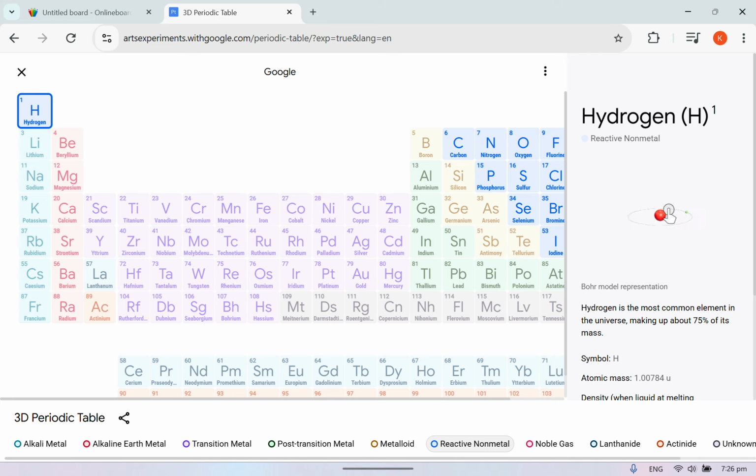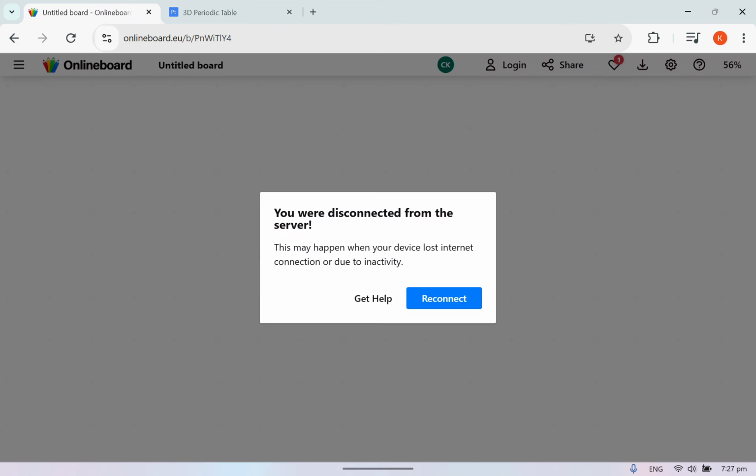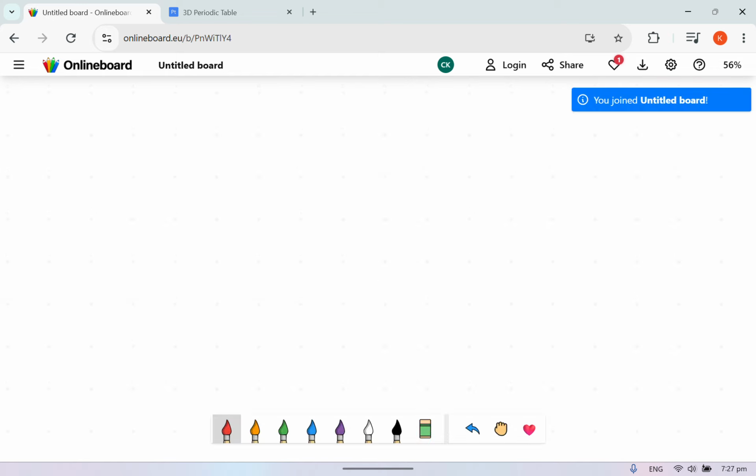Now, here's the very interesting thing. You can see over here, these are groups, these are periods. Firstly, I'm going to have to go through what an atom is. Don't worry, I'm going to go through it.